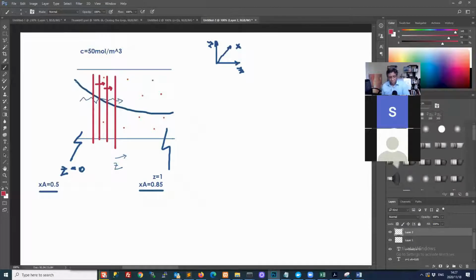So the concentration is not constant in space. Across Z it's varying, but it is constant in time. And the only way for it to be constant in time is if your flux is the same in space. So your flux is equal at all points in Z, and that leads to concentration being constant in time.